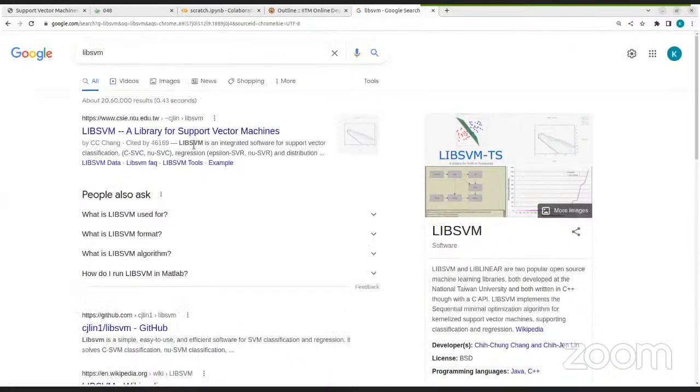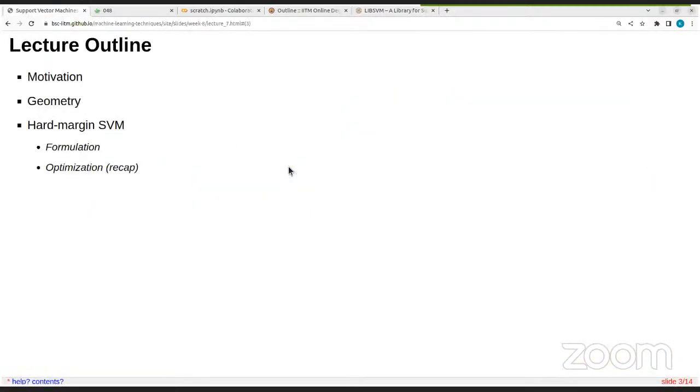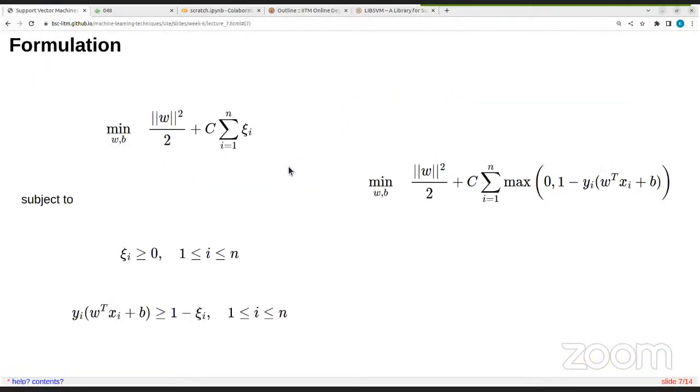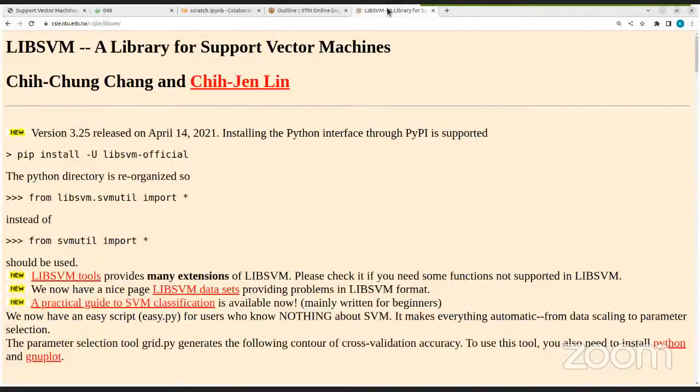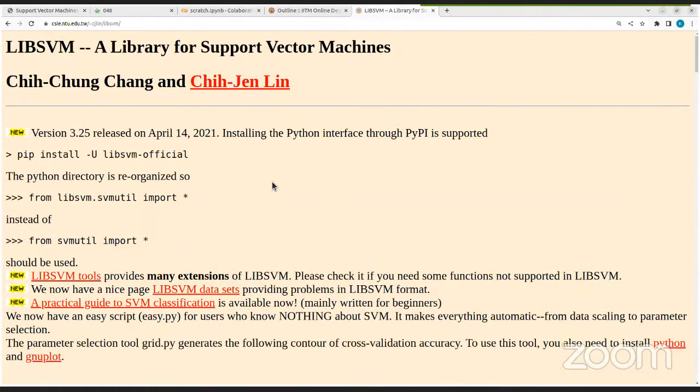These libraries use some kind of solution where they try to optimize the dual, right? Whereas what we have here is gradient descent on the primal problem. So I'm not convinced this is the right thing that we are doing, but for now it's okay.